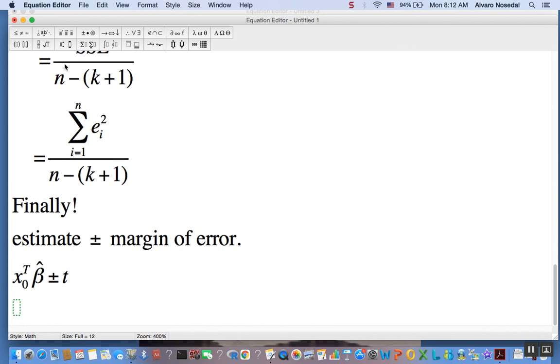It's going to be a critical value coming from a t-distribution with n minus k minus 1 degrees of freedom, using alpha divided by 2 here.